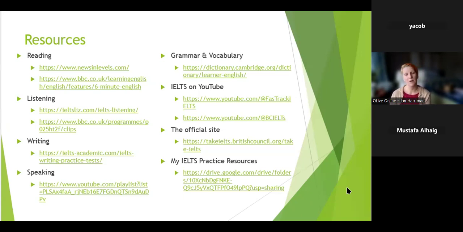If you do use these once a day, just pick one, use it. You can't do too much. So every day, just pick a resource, do a little work on it, whether it's reading an exam question, like one of the task writing questions, or going to a reading section and doing that, or going to Fast Track IELTS and watching one of her videos.